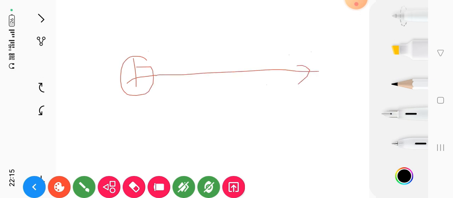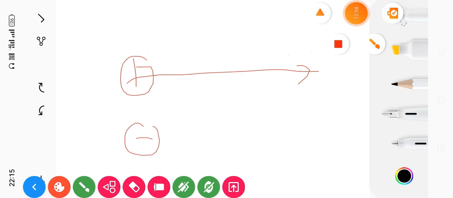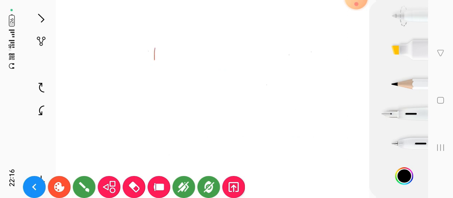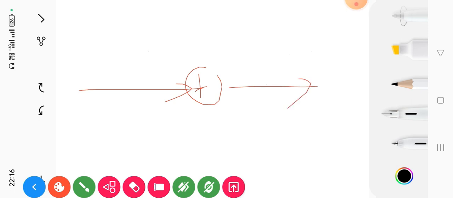So for a negative charge, if positive is exerting an electric field outward, obviously negative is opposite, so it should be inward. So if I place another charge, it will experience a force outward. So if a charge is placed in an electric field, in which direction will the force be applied? In the direction of the electric field.